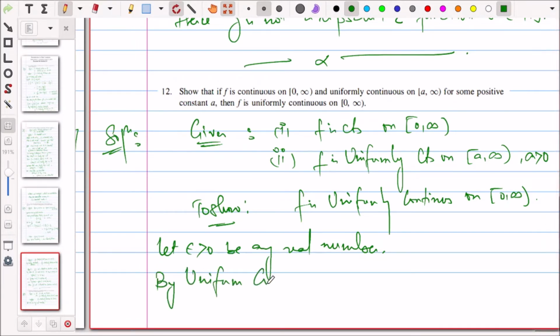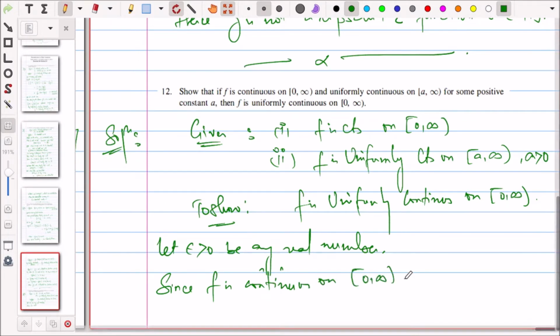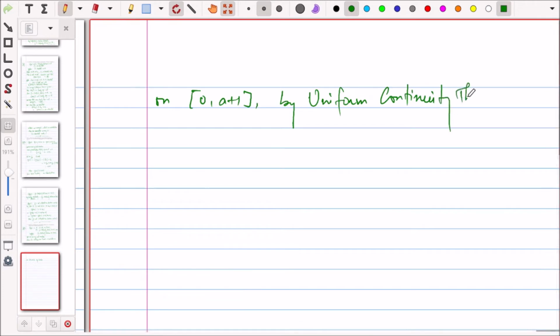Now by the uniform continuity theorem, since f is continuous on [0, infinity), in particular on [0, a+1], by the uniform continuity theorem, f is uniformly continuous on [0, a+1].